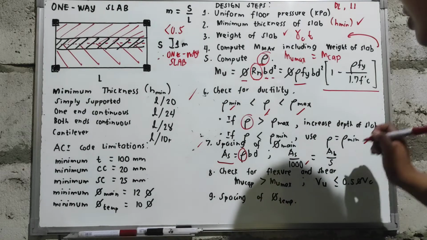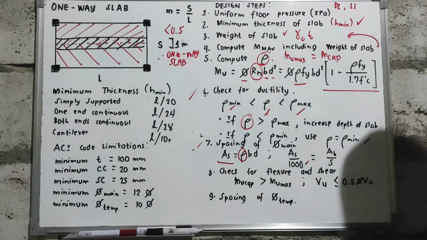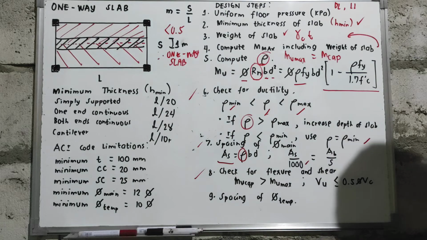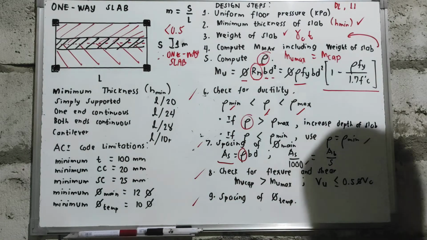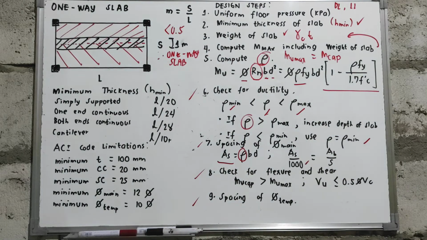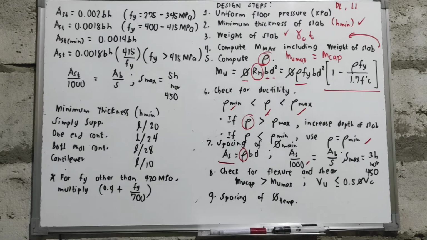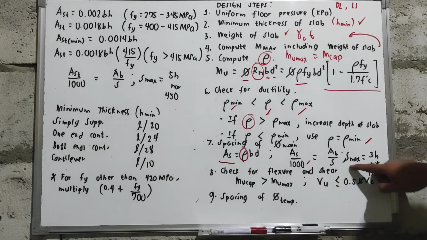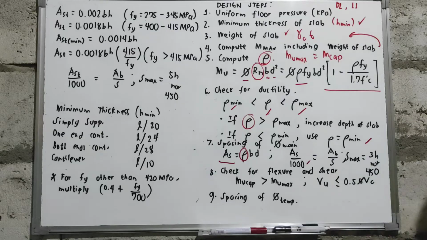And after that, gagamitin natin yung mga actual values na nakuha natin. I-check natin yung flexure at saka yung shear. And lastly, we're going to solve for the value of your spacing of your temperature bars. So for the spacing of your main bars, meron pala tayong value ng maximum spacing natin.